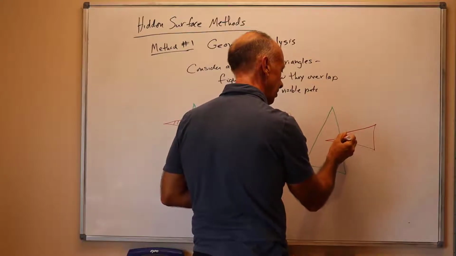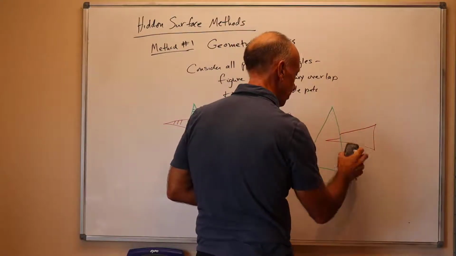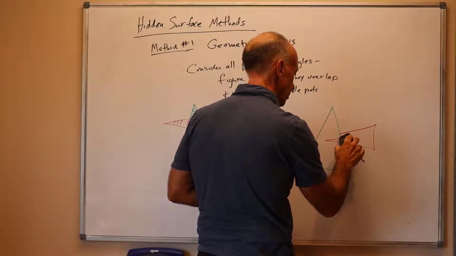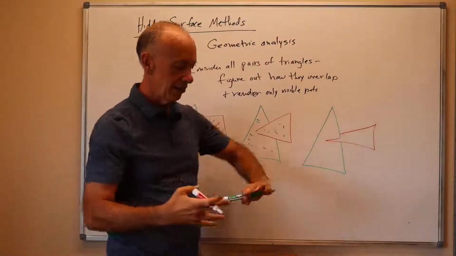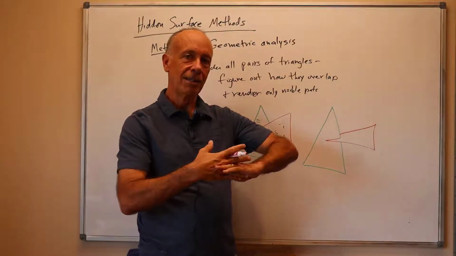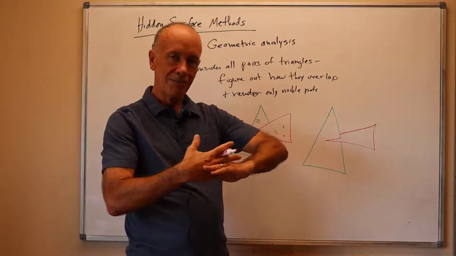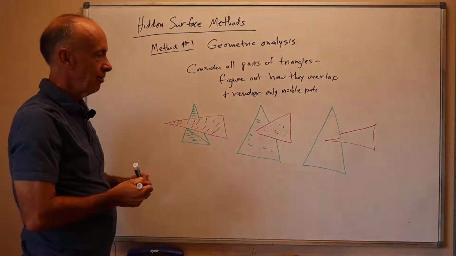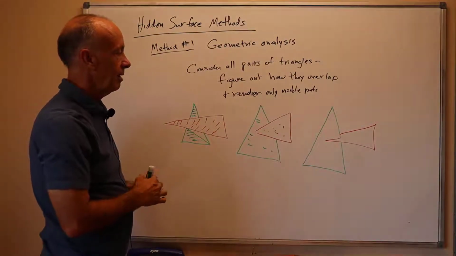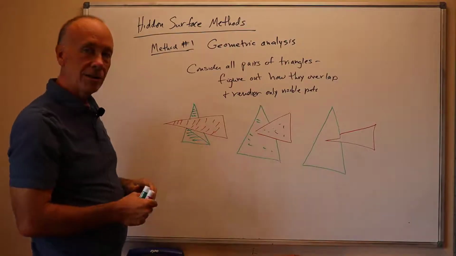It's like this. And so we have something like this. The red triangle is penetrating into the green triangle, like my hands are penetrating each other with fingers. Okay, so we have to figure out all those things if they happen and render the image correctly.